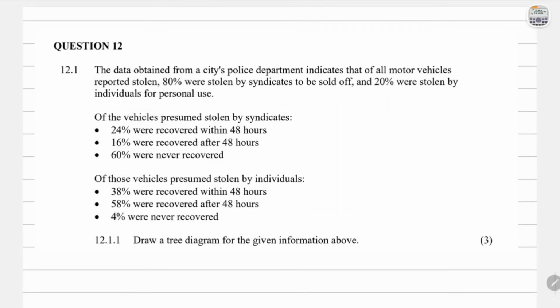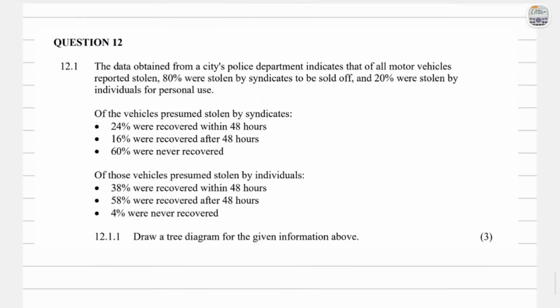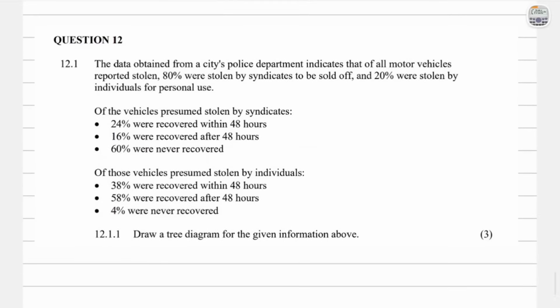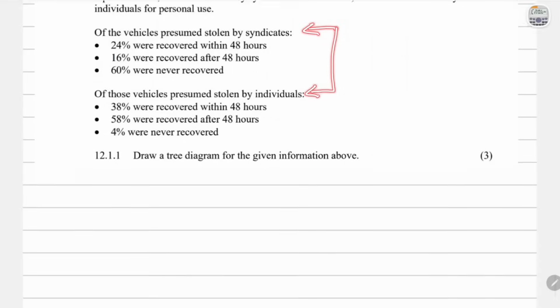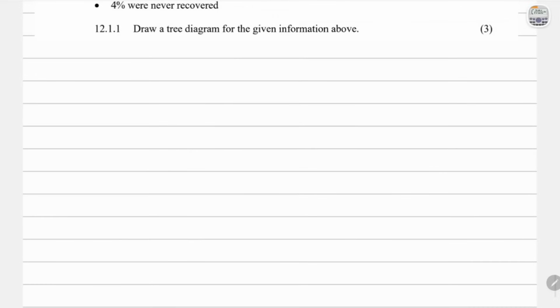Okay, so with this information, you can see that they've already split it into two categories at first. Of all the vehicles stolen, 80% was stolen by syndicates to be sold off and 20% by individuals. So this is how we're going to do this with the tree diagram.